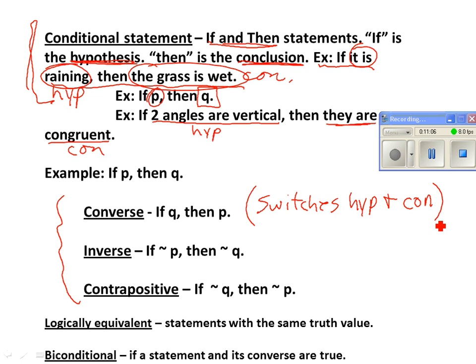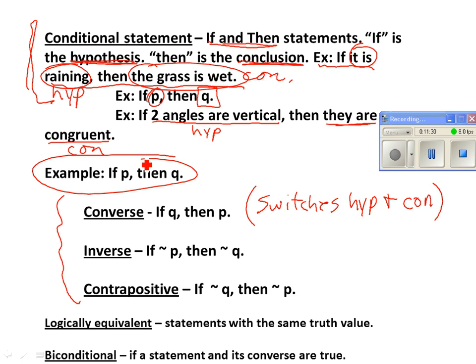Inverse, what's this little tilde mean again? Not. So this one says, if not P, then not Q. Makes them both negative. Remember always to go back to the original statement, where a lot of you are going to make mistakes. You do the converse, and then you come down here to do the inverse, and you look back at the converse to do the inverse.